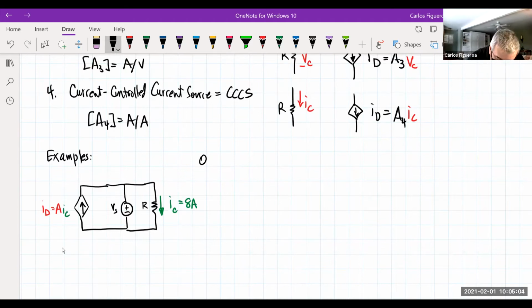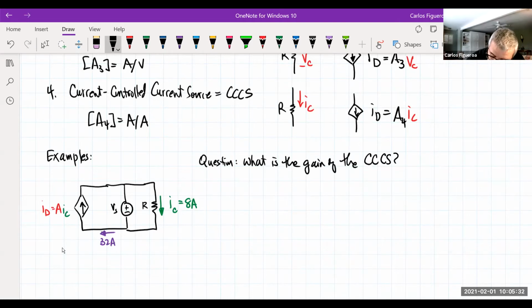So my question is, if I know that the current in this branch is 32 amps, what is the gain of the current controlled current source?